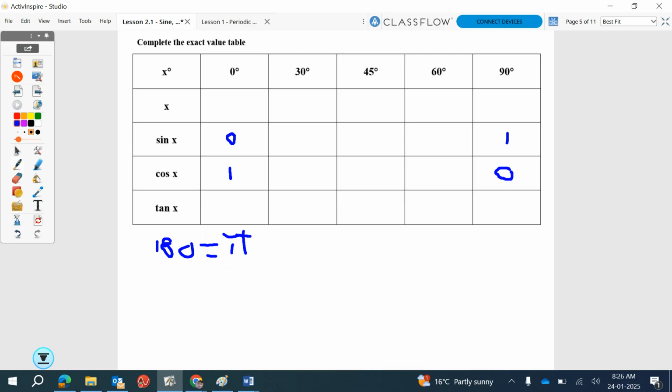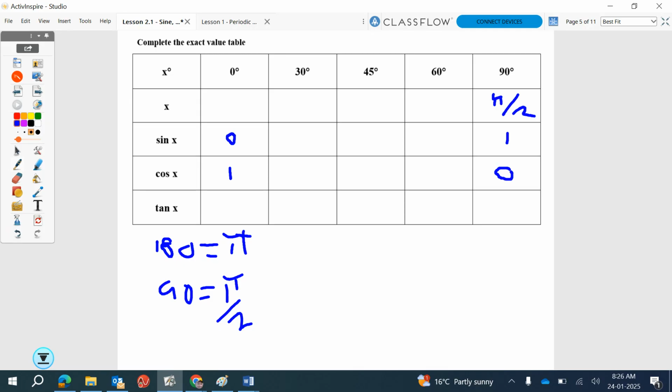So this means that if 180 is equal to pi and we divide both sides by 2, we get 90 is equal to pi over 2. So this one here is pi over 2.